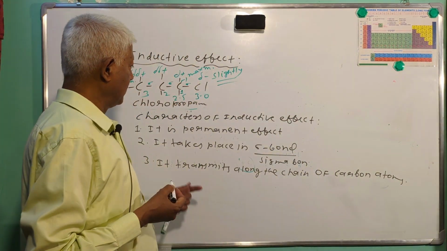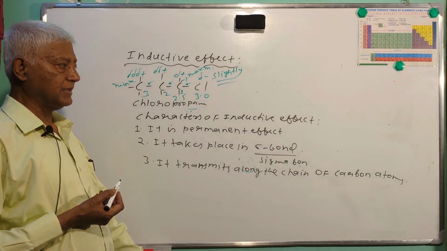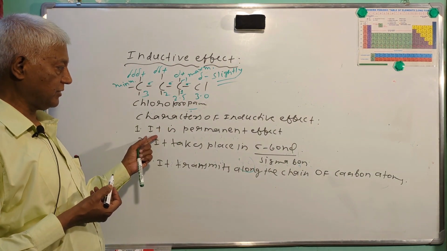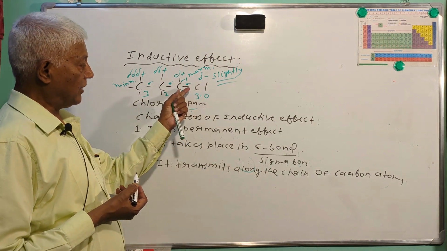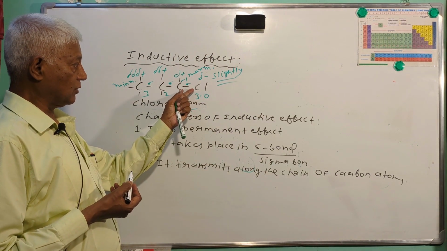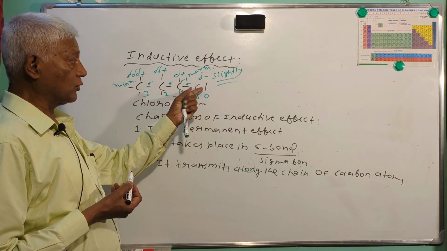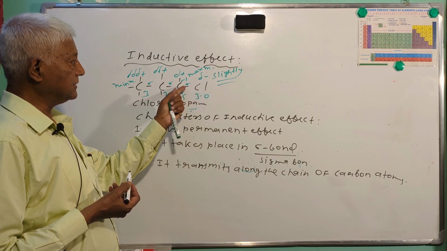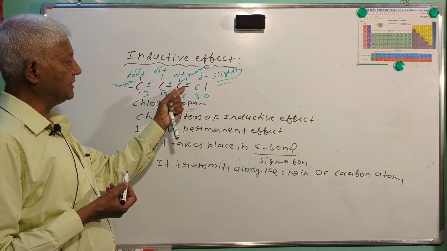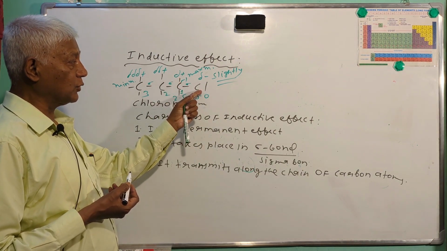Look over here. When you talk about the characters or nature of inductive effect, first one is, it is a permanent effect. What it means? The chlorine atom present in this molecule always develops a positive charge on this carbon. This positive charge develops due to the chlorine atom.